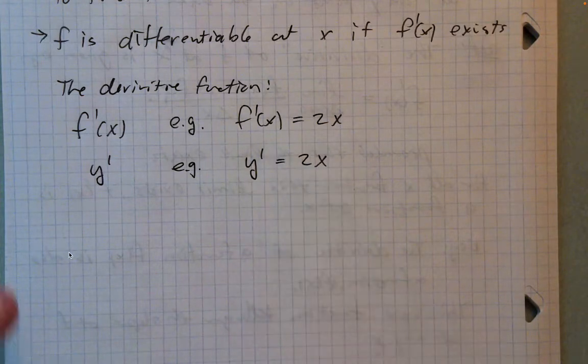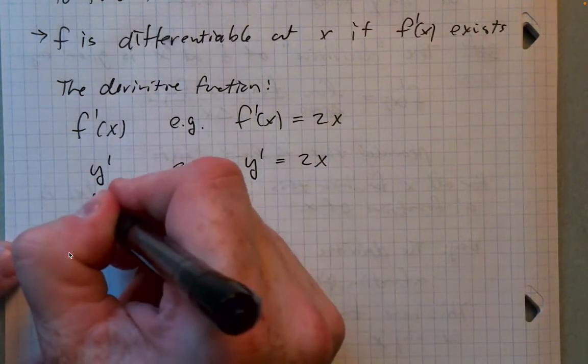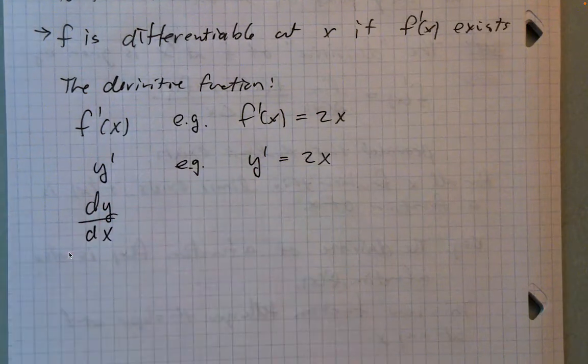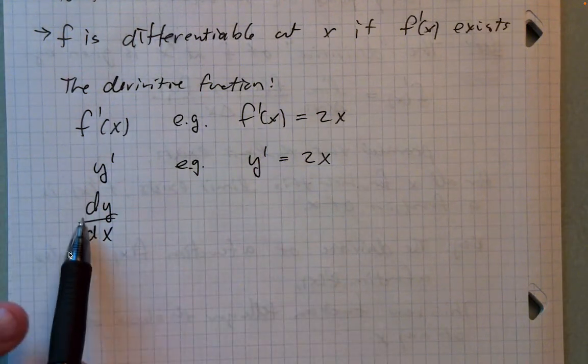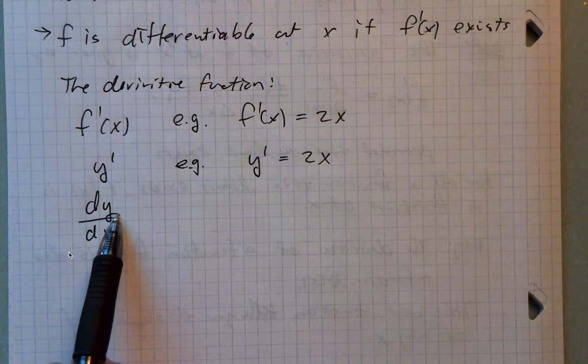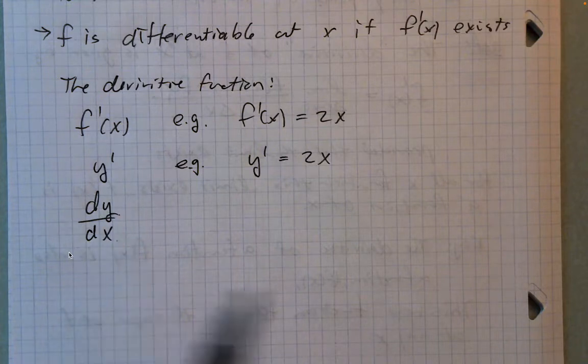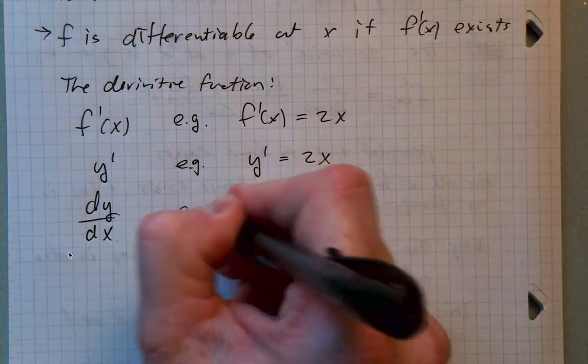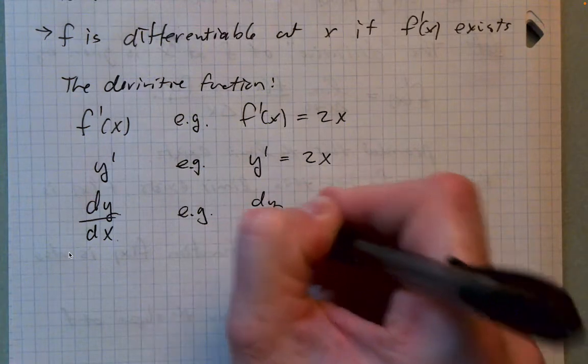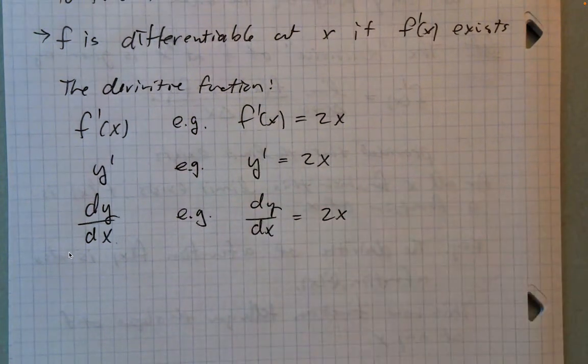Another notation that's a little bit different would be this. This is literally read as the derivative of y with respect to x. What we could say here is that dy dx equals 2x, the derivative of y with respect to x.